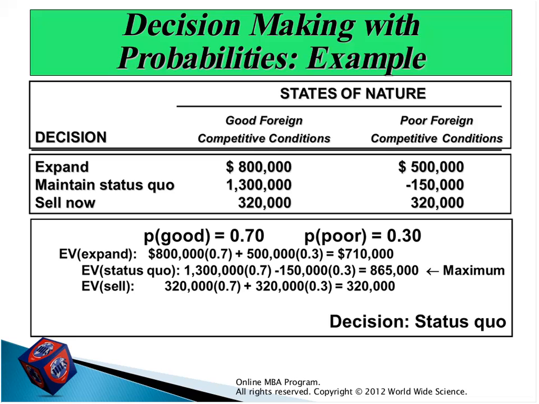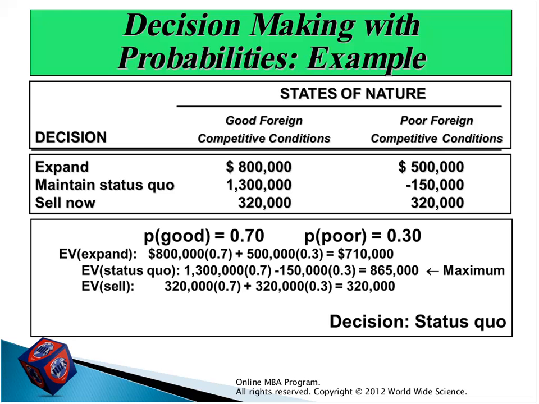We should calculate expected value for each of the decisions. 800,000 multiply 0.7 plus 500,000 multiply 0.3. Each payoff should be multiplied by its own probability, and then you should add up these numbers.